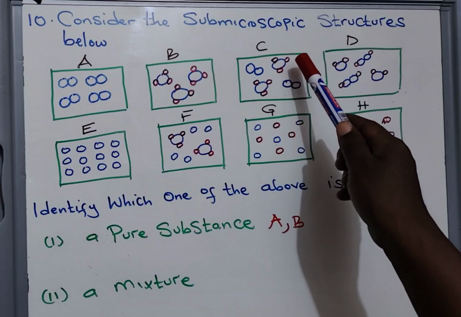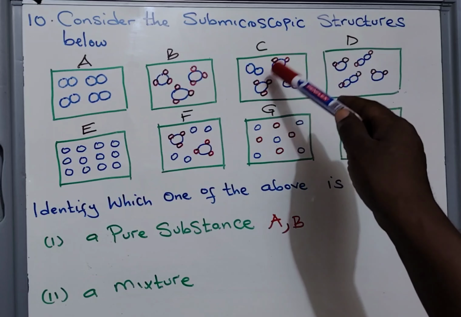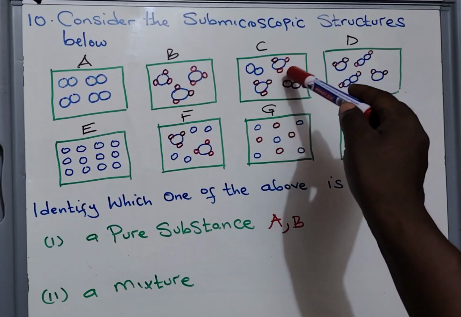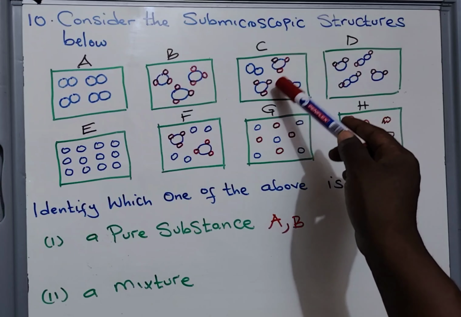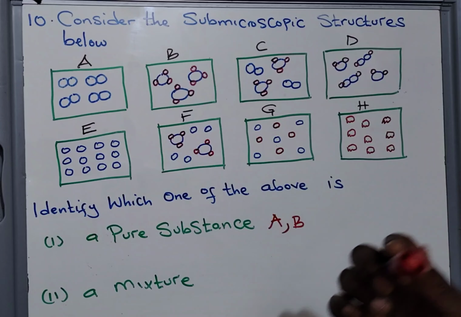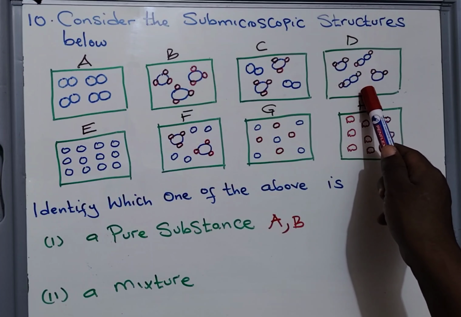C is made up of two kinds of molecules. There's this one, a central atom with 3 attachments, which are indicated by the red dots. And then you have this paired. So this one is not pure because it is mixed up with 2 kinds. So let us come here.